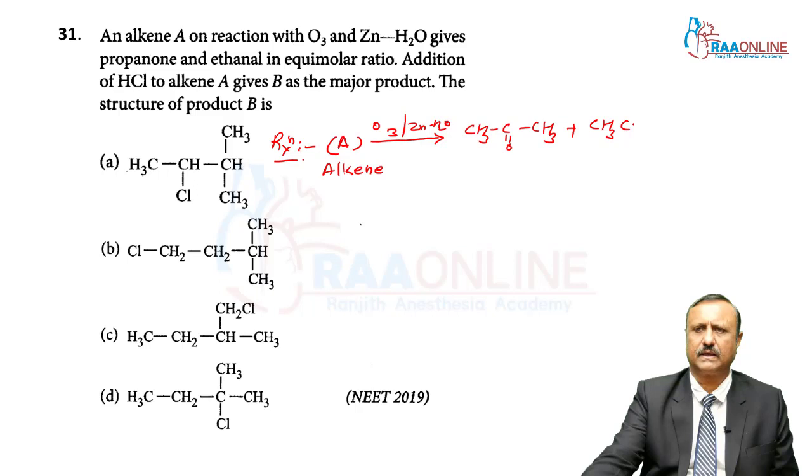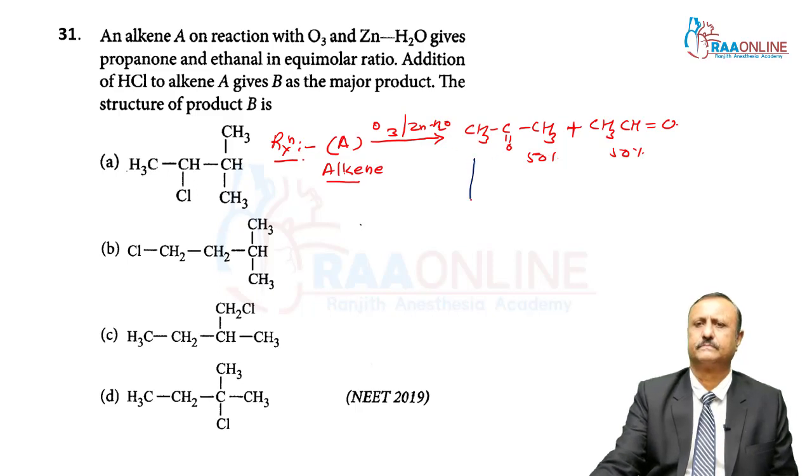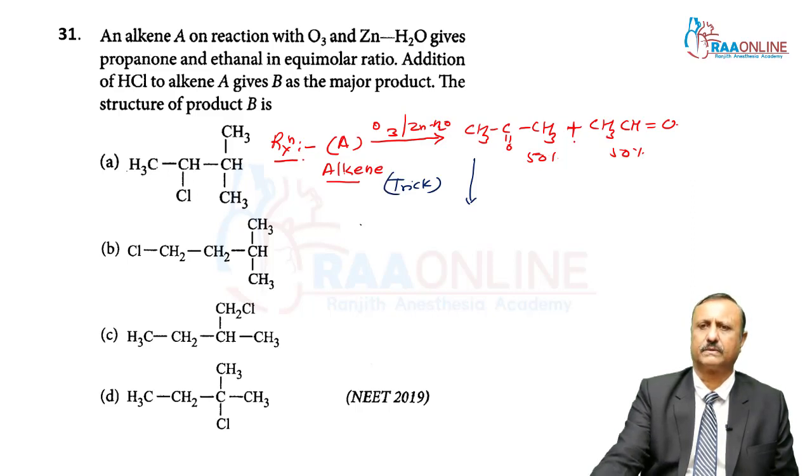My dear students, ethanal is CH3CHO, and it is in equimolar ratio, meaning 50% of this and 50% of this. So you can form the alkene from these compounds. I give you the concept and a trick to find the alkene from the products. This question was asked in NEET 2019.